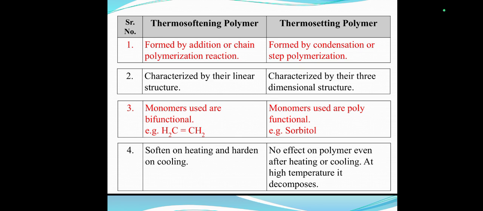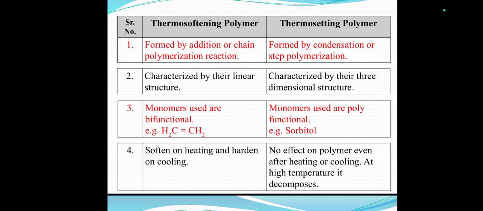When we get a linear structure and the monomer molecules are bifunctional, the thermosoftening polymer becomes soft on heating and hard on cooling. This is the actual definition of thermosoftening polymer. And for thermosetting polymer, there is no effect of heating and cooling.